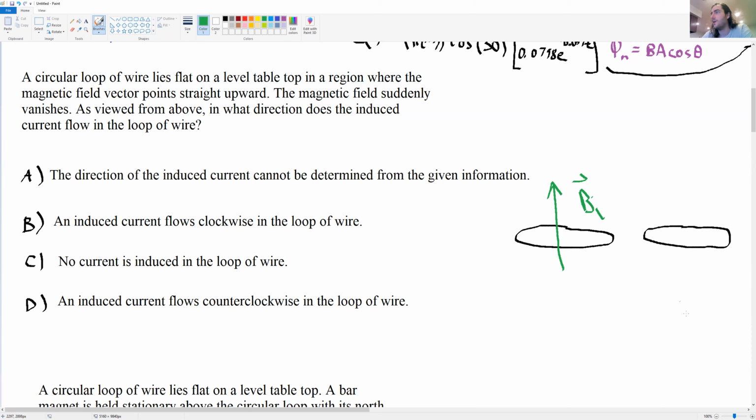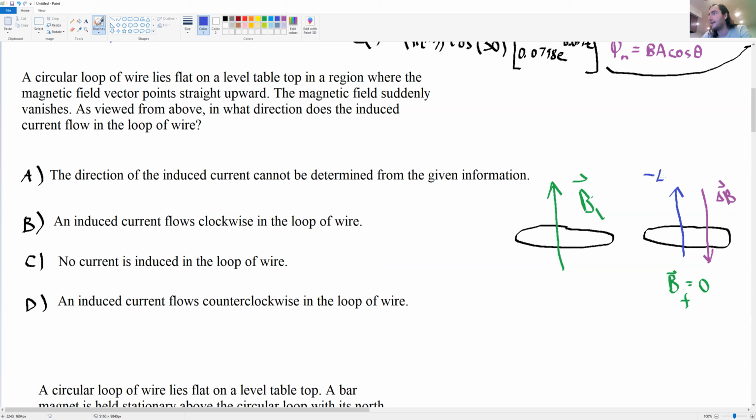So now there is no magnetic field. That means that there's an induced magnetic field opposite the change. In the last problem, I used purple to indicate the change, which means the opposite of the change is in the vertical upward direction.